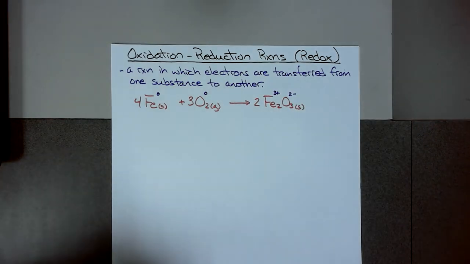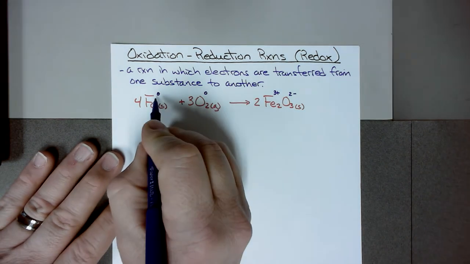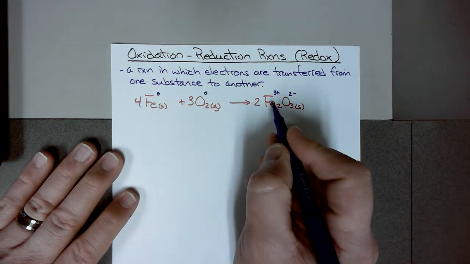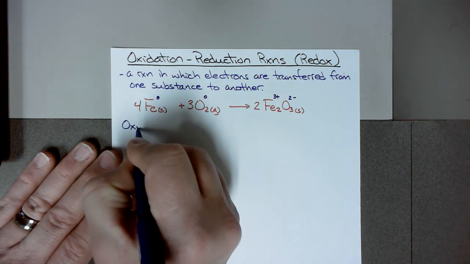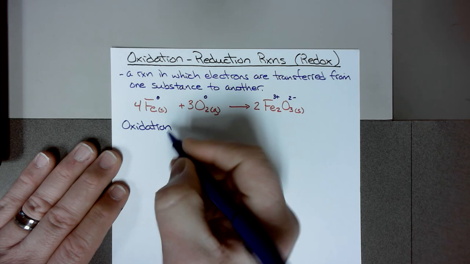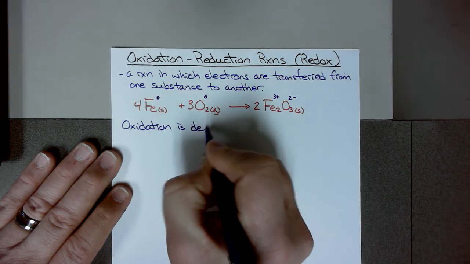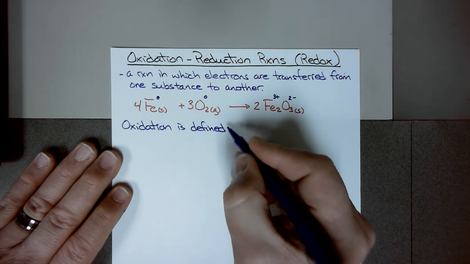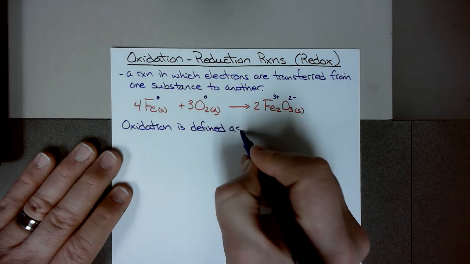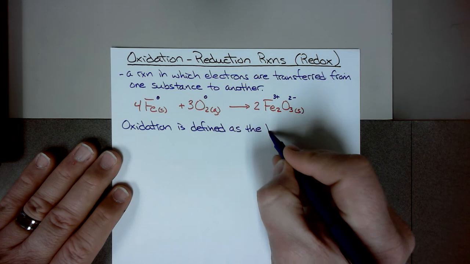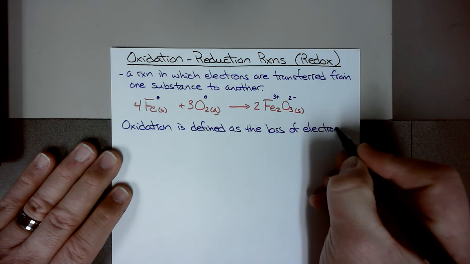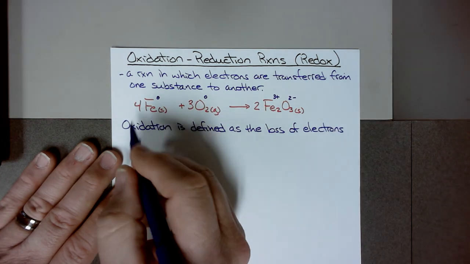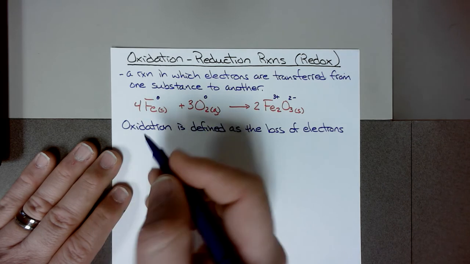So when we look at this, we notice that iron is going from 0 charge to 3 plus, so it is losing electrons in its reaction, and we call it oxidation. So oxidation is defined as the loss of electrons by a reacting substance.